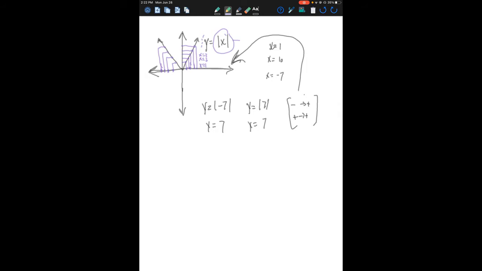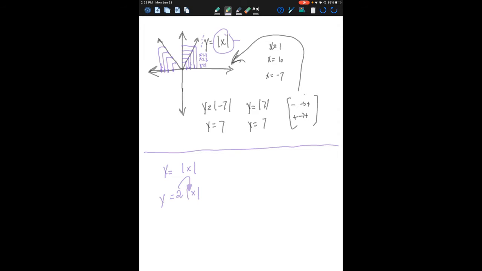So let me go over some basic transformations with you guys. If you have a function y equals the absolute value of x, and it's multiplied by something outside, let's say it's multiplied by 2, so that would be 2 times the absolute value of x, then you're going to distribute that number to whatever you have inside the absolute value sign.